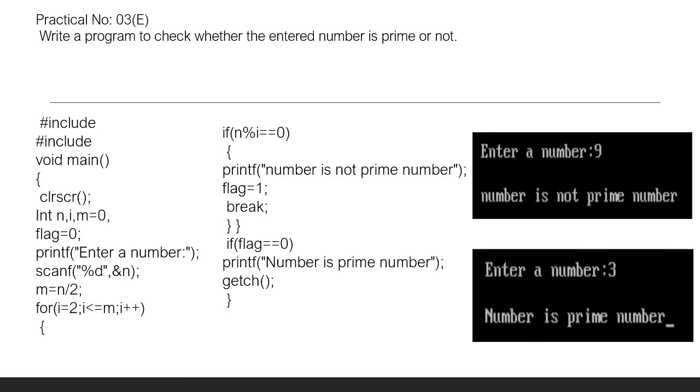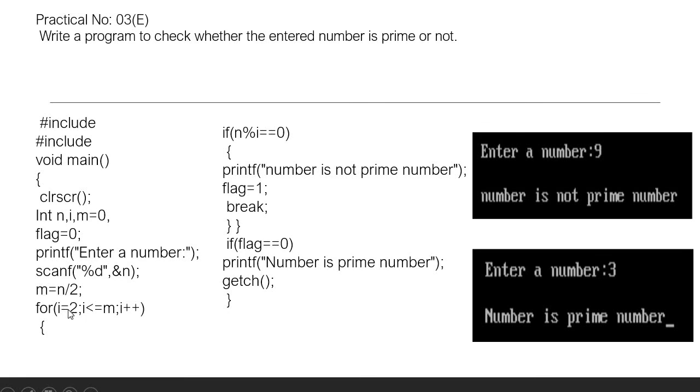So the choice is yours. Now over here the printf statement is there through which the user can enter the number for the n variable. That number gets divided by 2 and the value will be stored within the m variable, which is on my left hand side. Now that value gets used within this for loop.